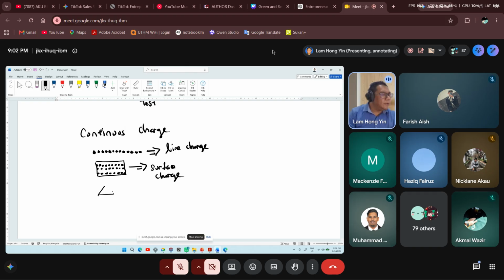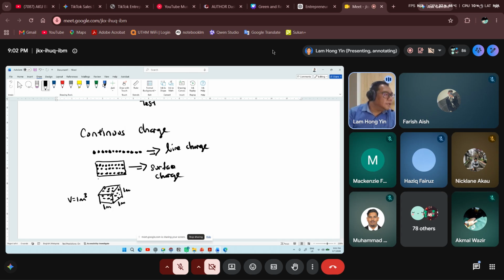Or if I put all the point charges in a volume, 1 meter over here, 1 meter over here, and 1 meter over here, then to find the volume I multiply 1 meter by 1 meter by 1 meter, and it becomes 1 meter cube.